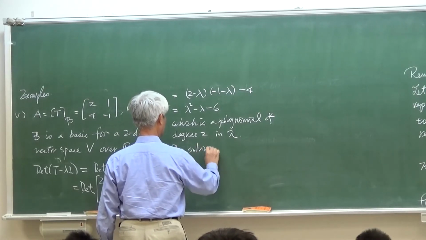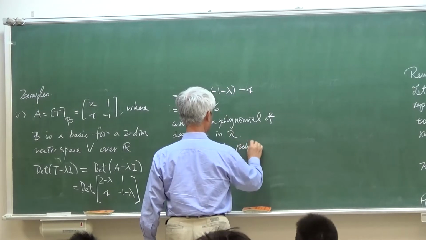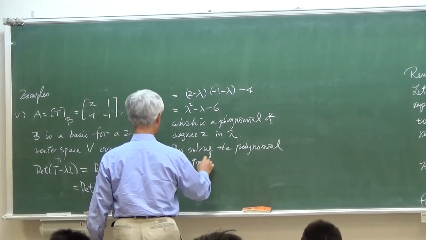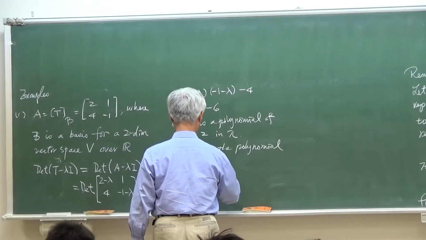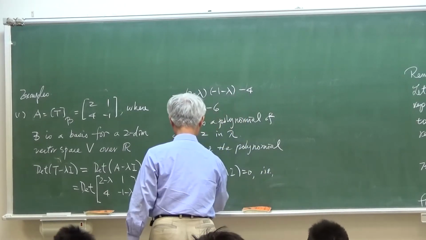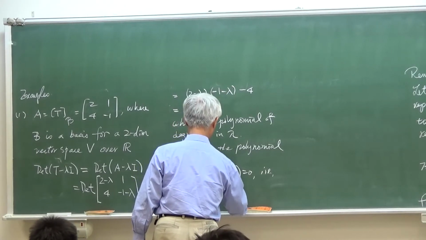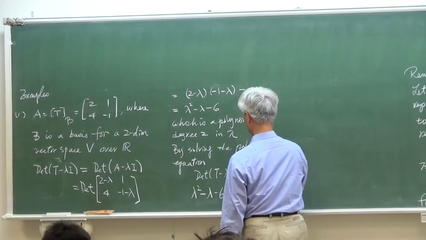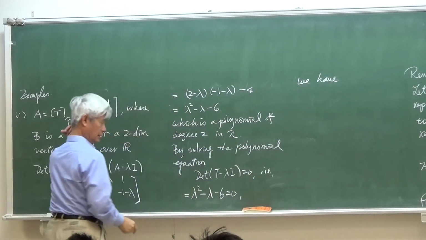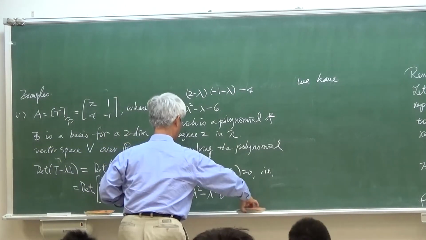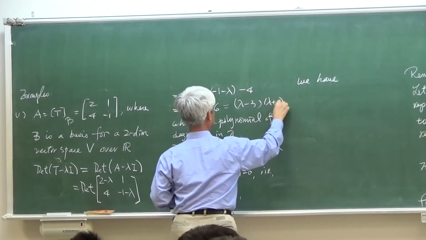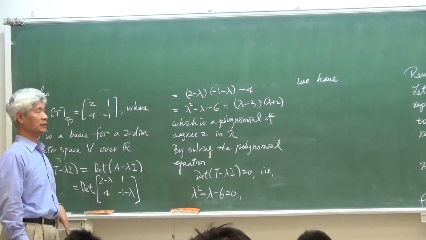By solving the polynomial equation, we solve for lambda. This polynomial can be factorized into linear factors.